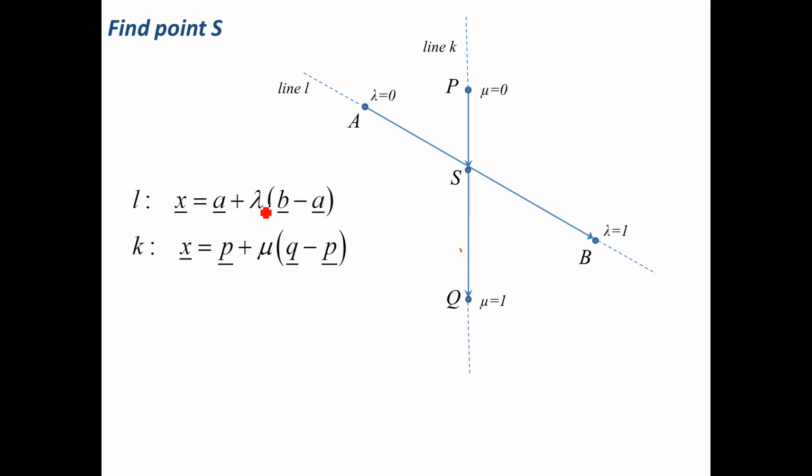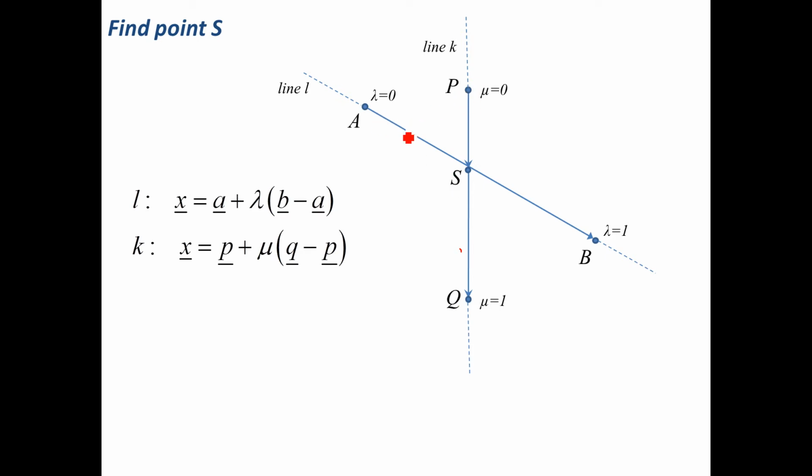When we enter 0 for lambda, we get position A; when we substitute 1, we get B. So lambda is a scalar that runs along the line, and when we have an intersection point with lambda between 0 and 1, it means it's an intersection point between A and B. Similarly for K, mu of 0 is P and 1 is Q.